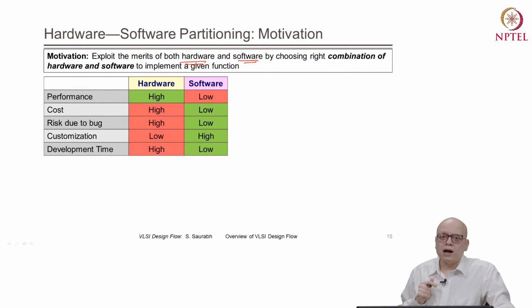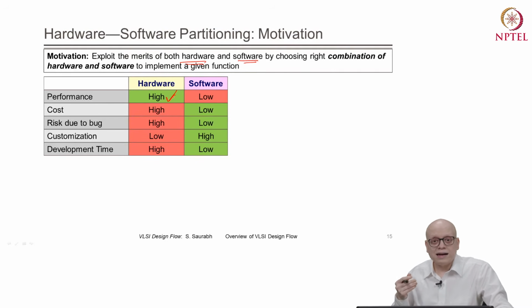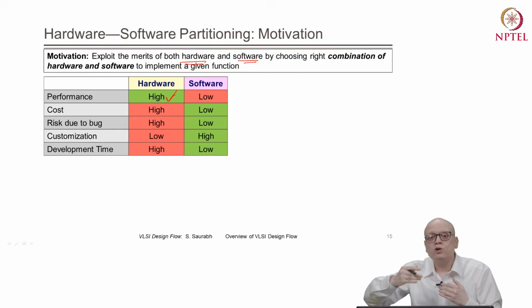The good thing about hardware is that it can deliver very high performance, meaning very high speed. The reason it can give very high speed is that hardware can be made with parallel circuits, all of which can work concurrently, so a given task can be completed much more quickly.